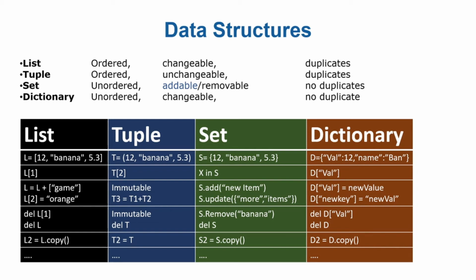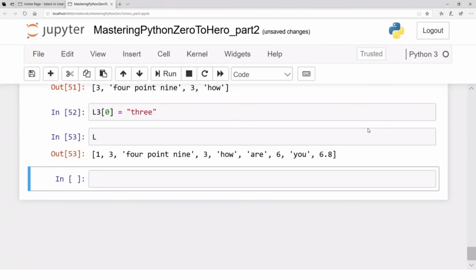In the next video, we will be seeing some functions of just list, and then I will let you explore the tuple, set, and dictionary and all their functions on your own, and see what function or method is doing what for which kind of data structure. So in the next video, we will be seeing some methods just for the list data structure. Hope to see you in the next video.